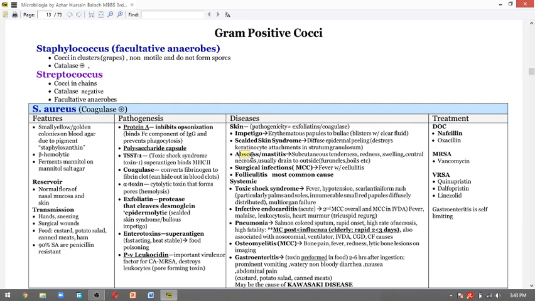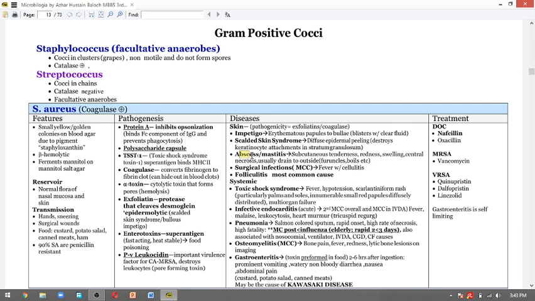It is also associated with nosocomial ventilator-associated pneumonia, IV drug abusers, congestive cardiac failure, and CGD cases. It is the most common cause of post-influenza pneumonia in old people and is associated with hospital-acquired ventilator pneumonia, and also in IV drug abusers. Osteomyelitis also causes bone pain, fever, redness, and lytic bone lesions on imaging.